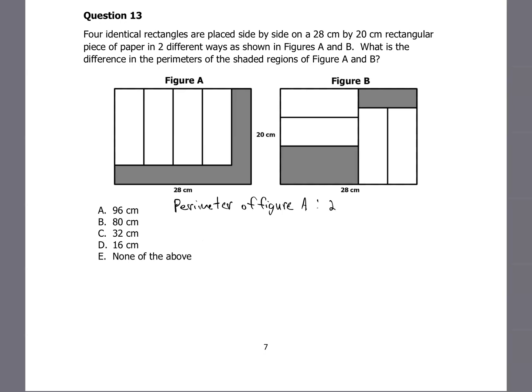The formula for perimeter should be 2 times length plus width. So the width is 20 plus 28, so our perimeter equals 96 cm.